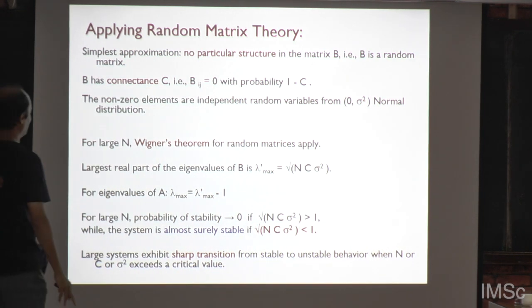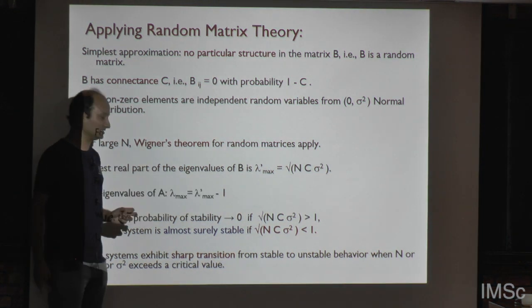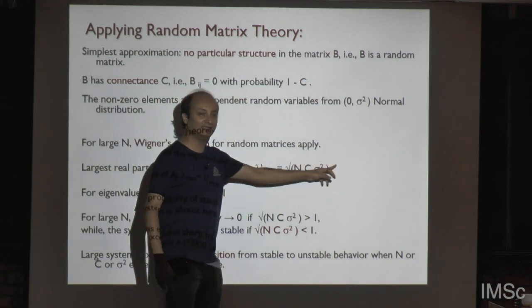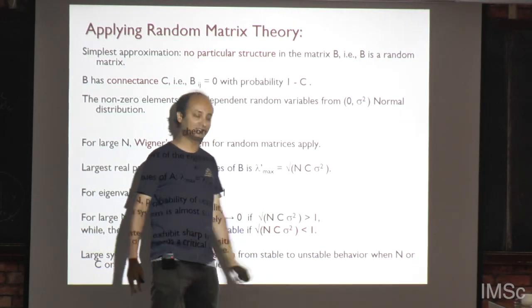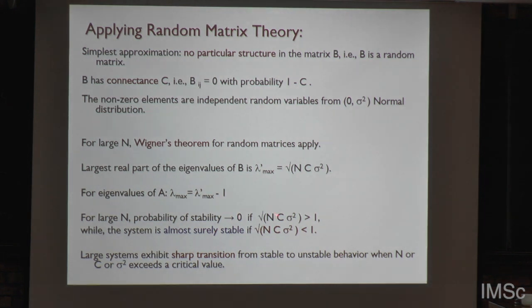And because the largest eigenvalue of the A matrix is related to the largest eigenvalue of the B matrix in this expression, the largest eigenvalue of the A matrix would be nothing other than this quantity minus 1. So the probability of stability would go to 0 if this quantity becomes greater than 1, because it is the square root of N C sigma square minus 1 which is the eigenvalue of A, and we have already said that if the largest eigenvalue is positive, the system will become unstable.